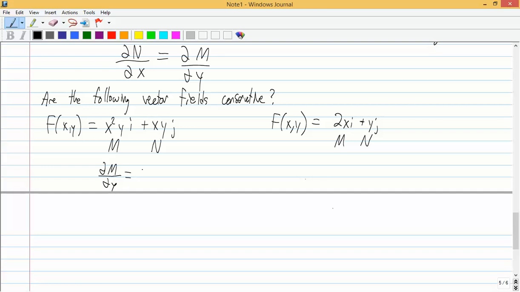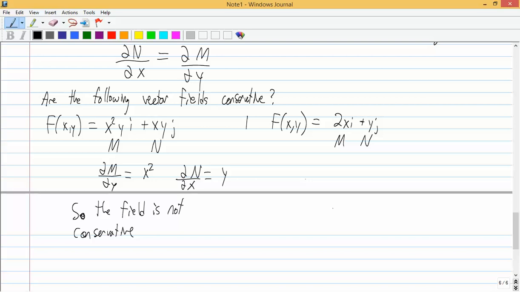So that would be what? x squared. And we do the partial of n with respect to x. So that would be y. So the field is not conservative.